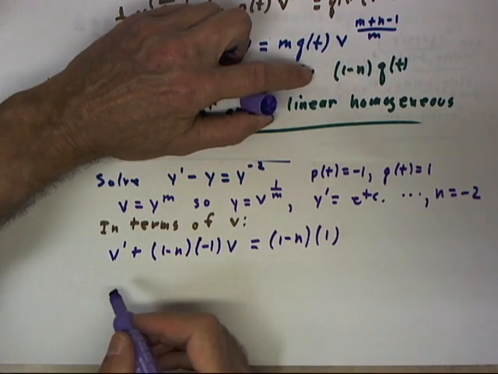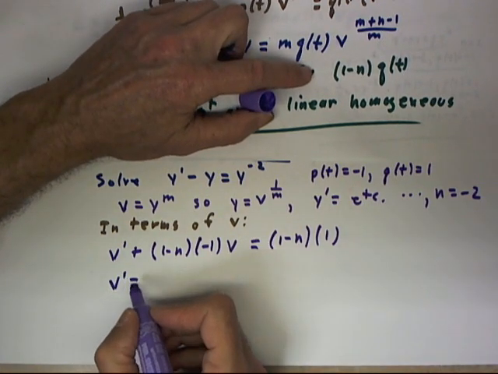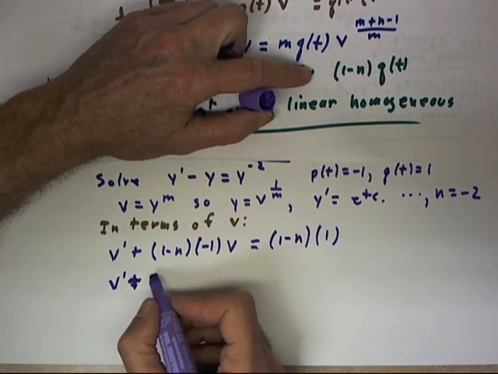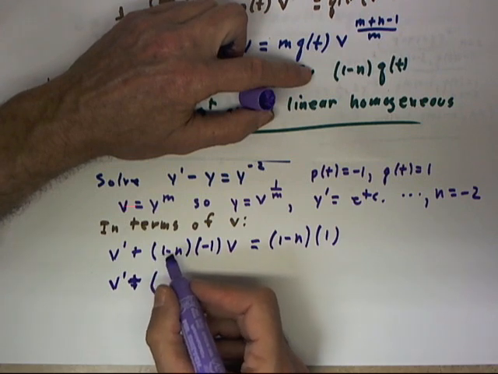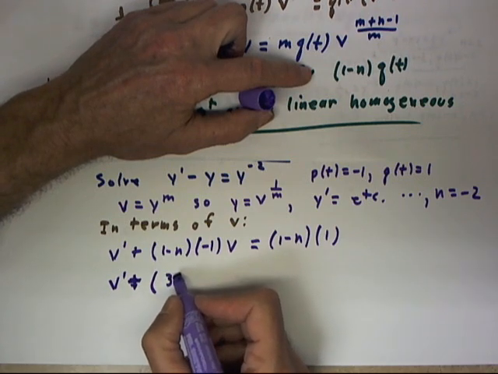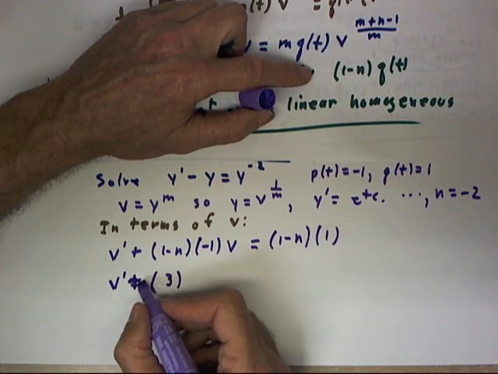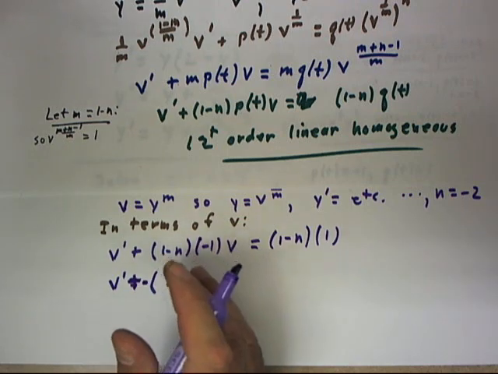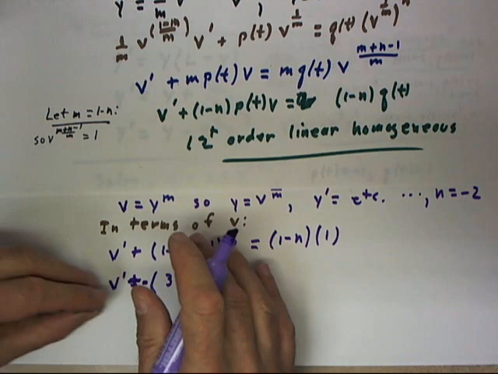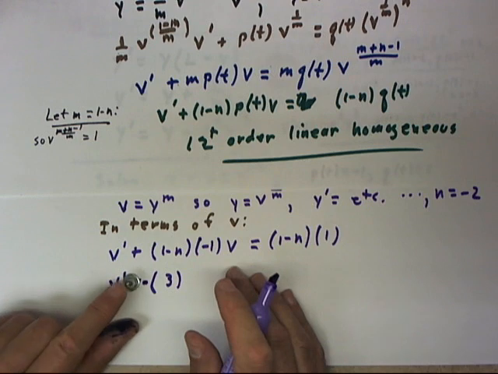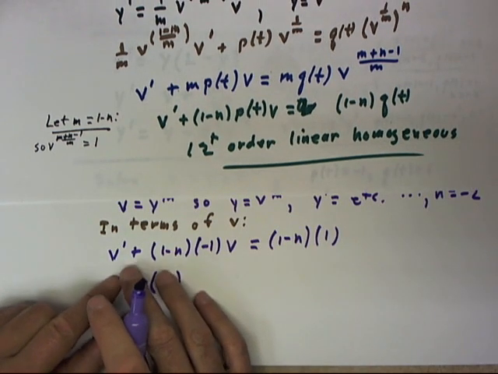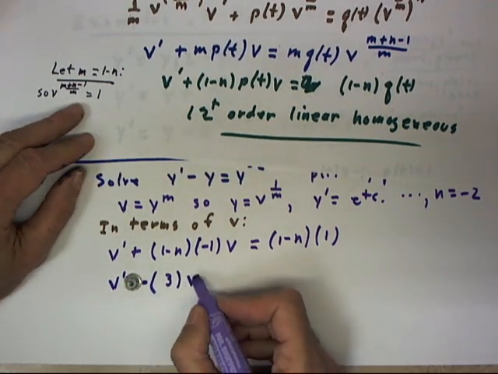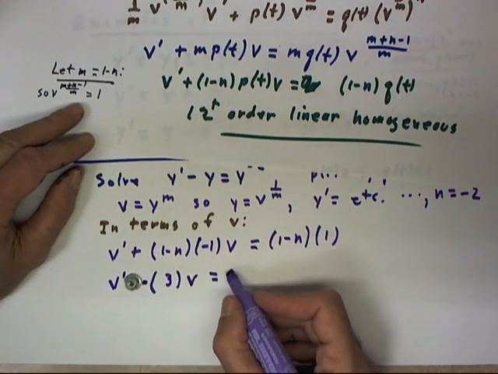Now n is negative 2, so we have v prime plus 1 minus negative 2, which is 1 plus 2. That's 3. We're going to have a negative, which means I can get rid of my plus sign altogether. Okay, there we go. Now it looks better. So v prime minus 3 times v equals 3.